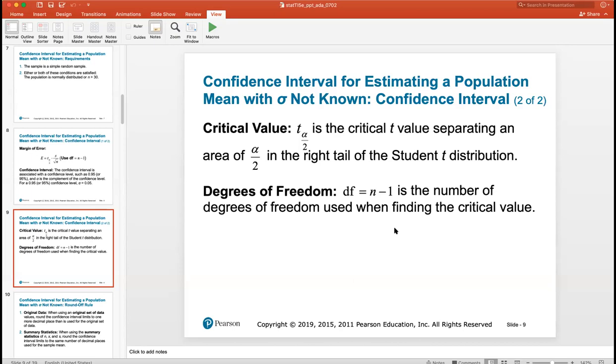When you found the critical value in section 7.1 for population proportion, we didn't use the degree of freedom, right? But here we're going to use df instead of n. The degree of freedom is defined by n minus 1, and it is used when finding the critical value.